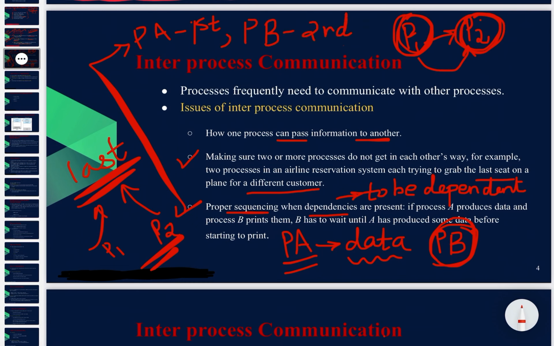So when a process is dependent on the previous process, we have to ensure proper sequencing: process A is executed first, and only after that process B is executed.